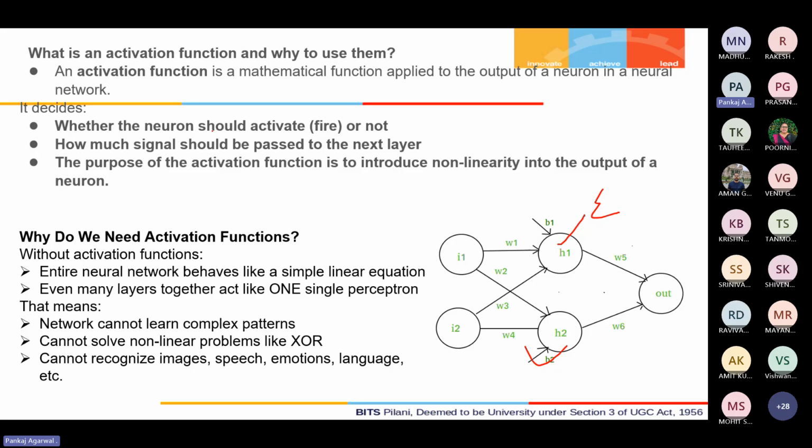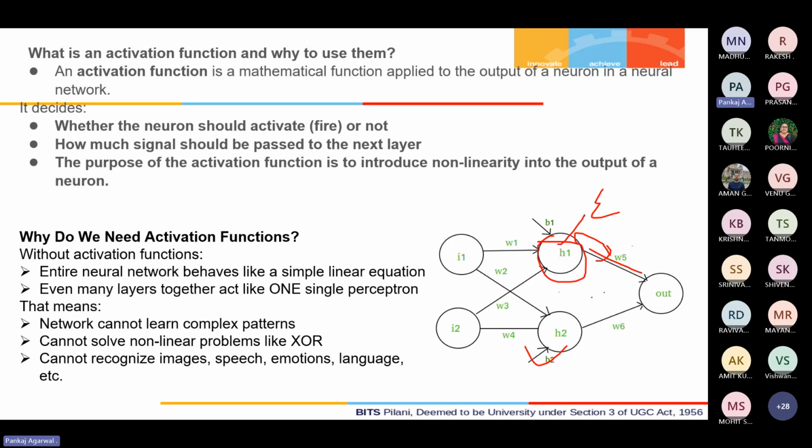What kind of decision? Whether I should activate or not, whether I would fire or not. Whether I should pass my input to the next line which is attached to me. For example, H1 is attached to W5. So whether I would inhibit whatever I have received or whether I would pass on whatever I've got.